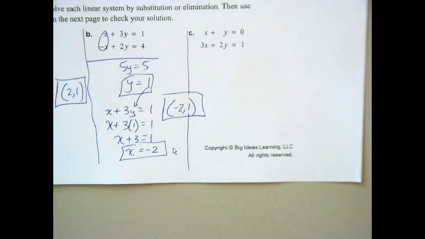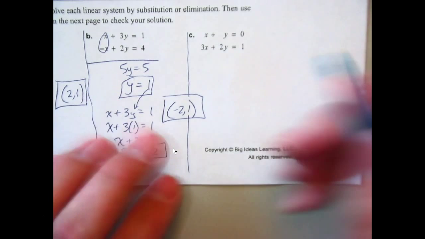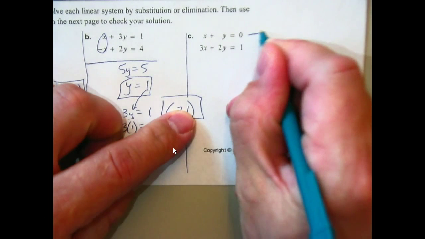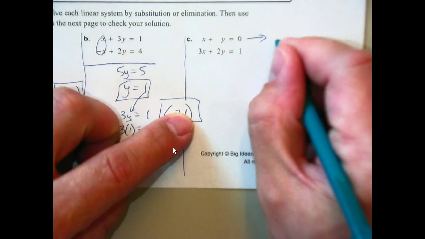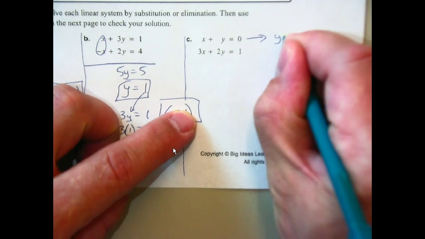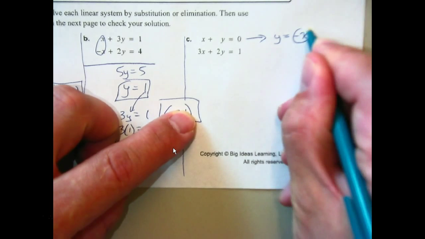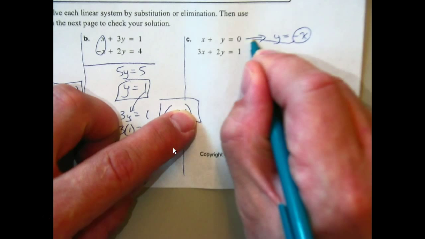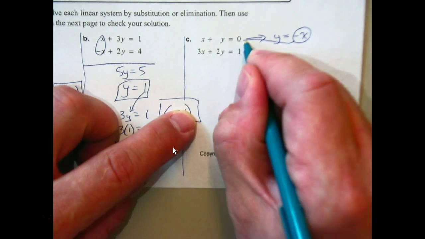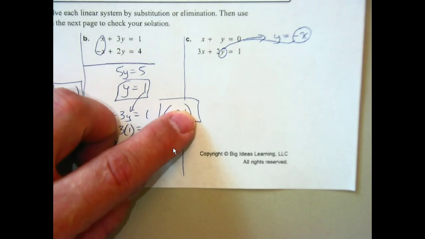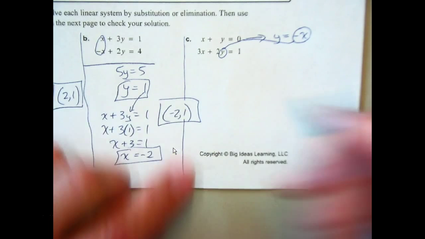Okay, here we go. Hey, if I'm going to use substitution, I'm going to bring the x over or bring the y over. So I get negative x. And then I'm going to plug this negative x in for y right there. Okay?